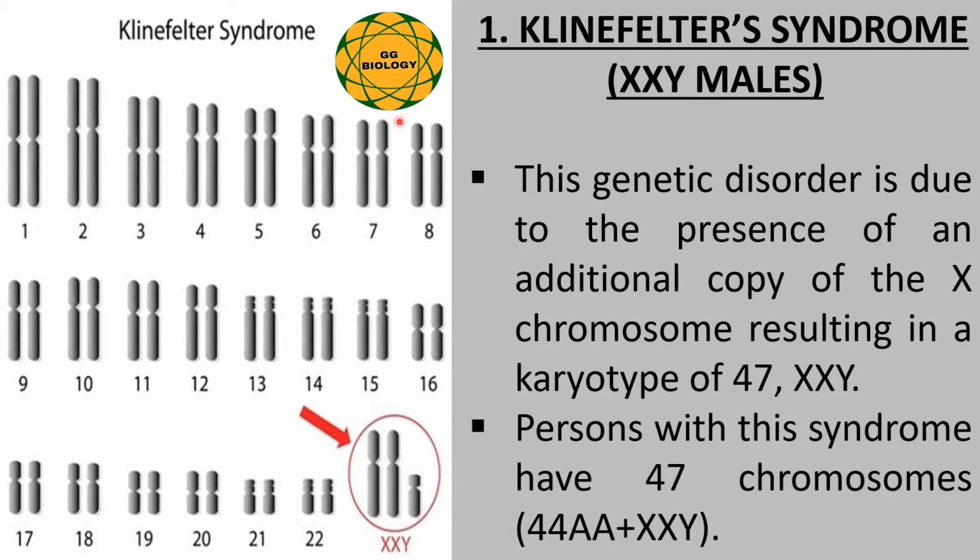Here the autosomes are quite normal with 44 chromosomes, whereas the last, 23rd pair is the sex chromosome. In this case, there are 3 chromosomes, 2 X and 1 Y. Thus, 3 sex chromosomes are seen, which leads to Klinefelter syndrome.